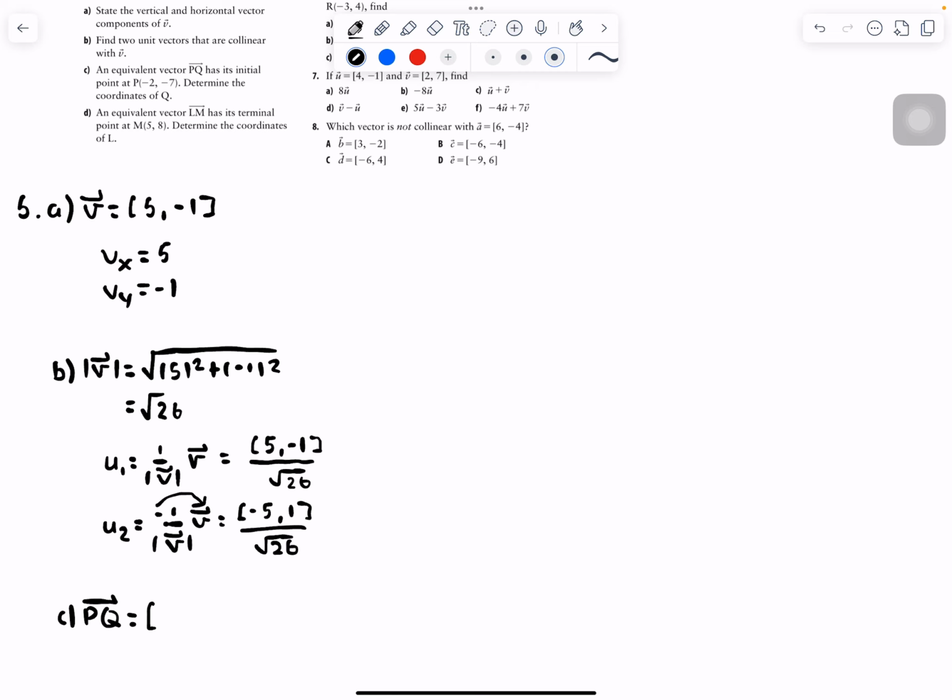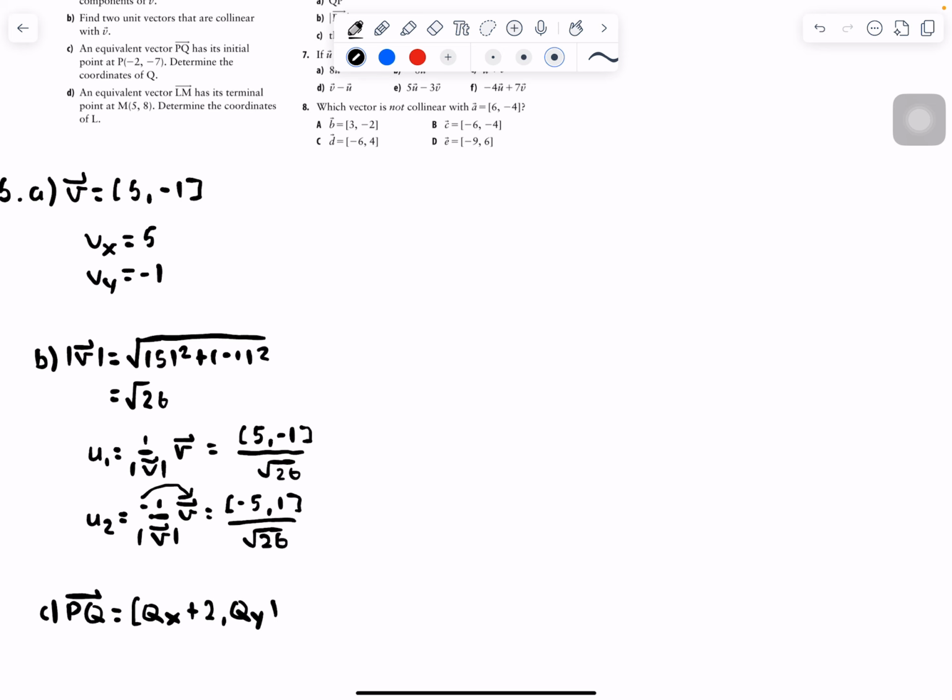We're trying to find the components of Q, so we don't know what Qx is. So we take Qx minus -2, which is the same thing as plus 2. So Qx plus 2. And we need to find Qy, minus -7, which is the same as plus 7.